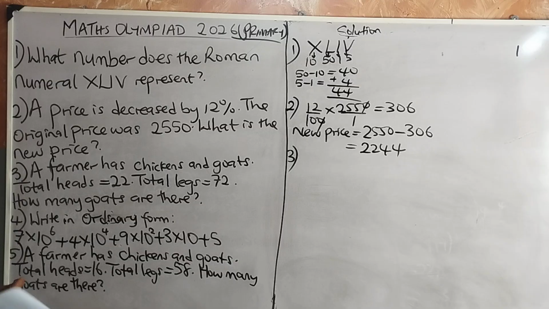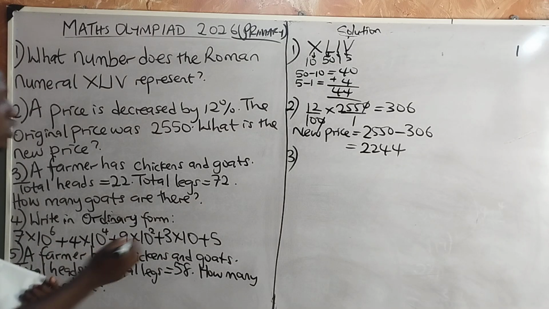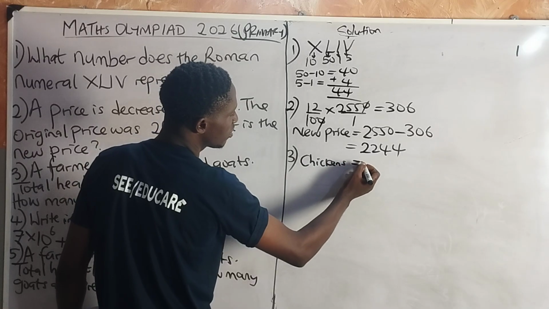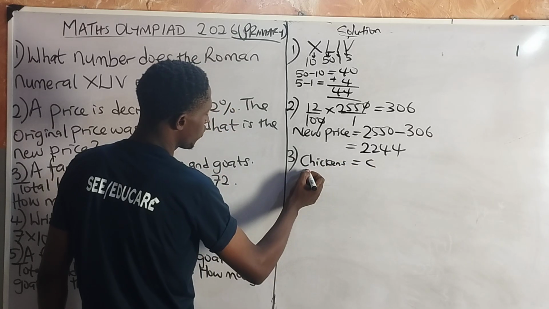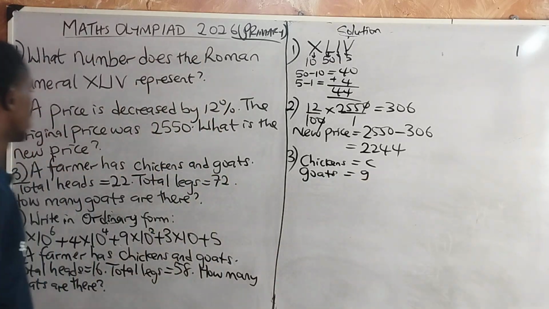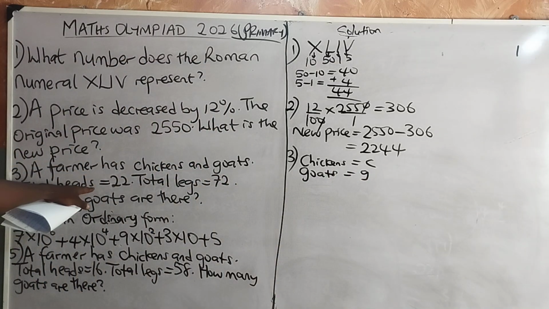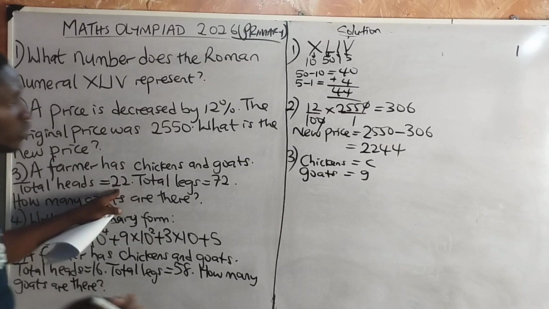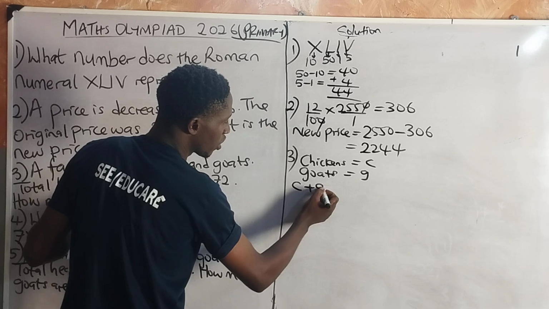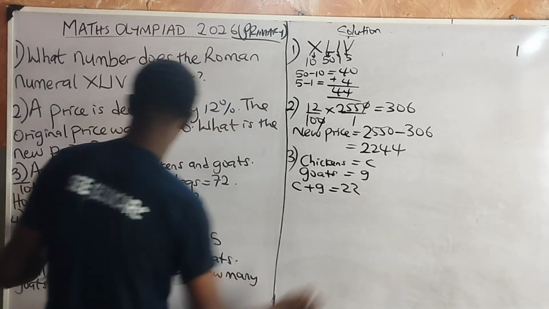We go to number 3. A farmer has chickens and goats. So let us use letters to represent this. For chickens, let's use C, and for goats, let's use G. The total heads is equal to 22, so the head of chicken plus the head of goat is equal to 22.